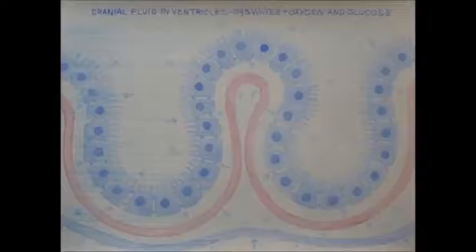So that is how it's produced in the ventricles, and that is how it's produced in the brain. Now we come to my favourite little cells, myelinated glial cells.